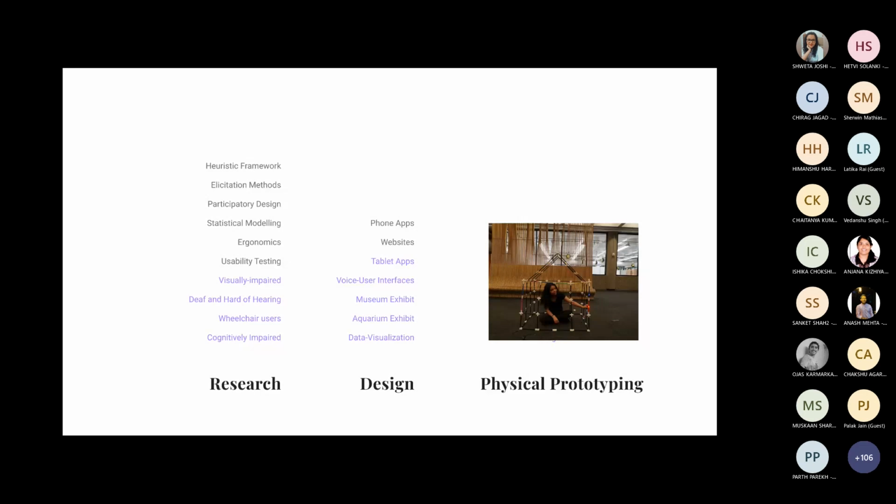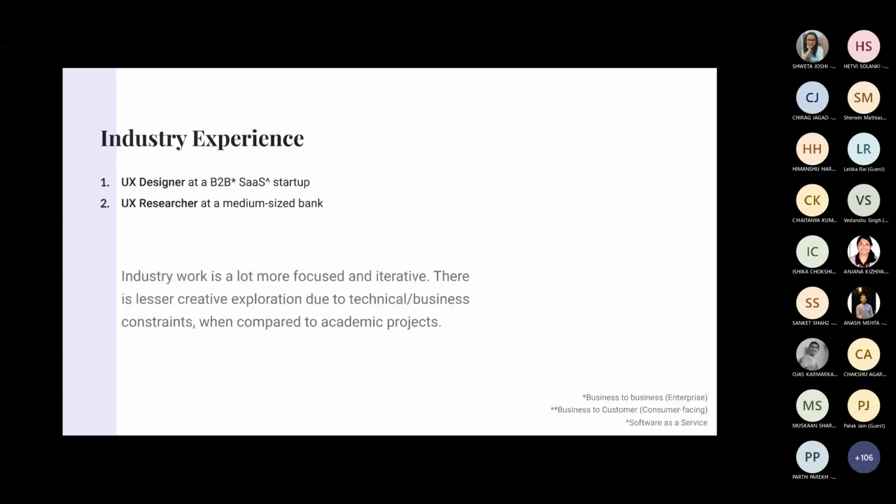So a bit about my industry experience. I was a UX designer at a B2B SaaS startup. B2B is business to business, or enterprise products. For example, the Gmail that you use is a consumer-facing, B2C product, where Google is the business, you are the customer, and Gmail is the product.